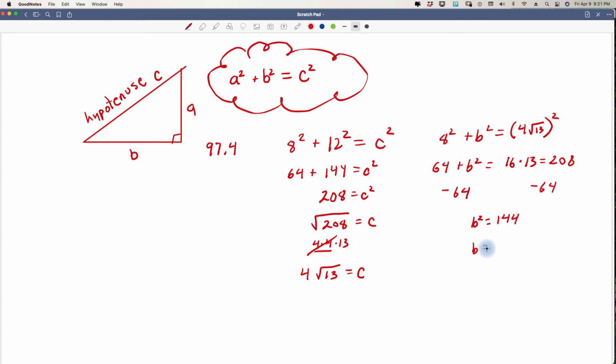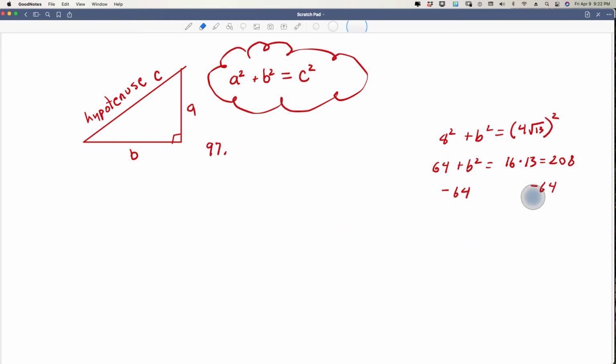So b equals the square root of 144. b equals 12. And that's what we started with. So if you can plop c in and leave one of these measurements out and backtrack it and it comes out to the right number, you know you're correct. You've just checked your answer and you've gotten the right response. So absolutely do that.